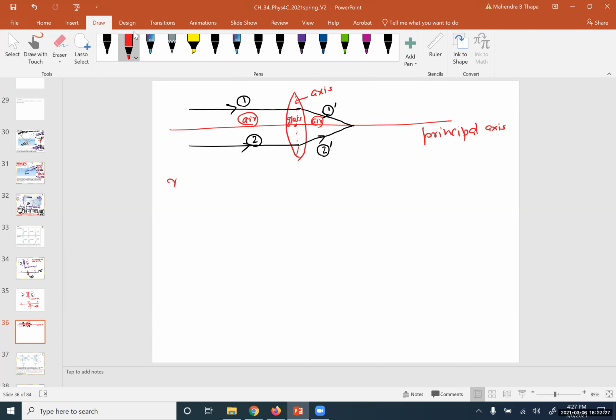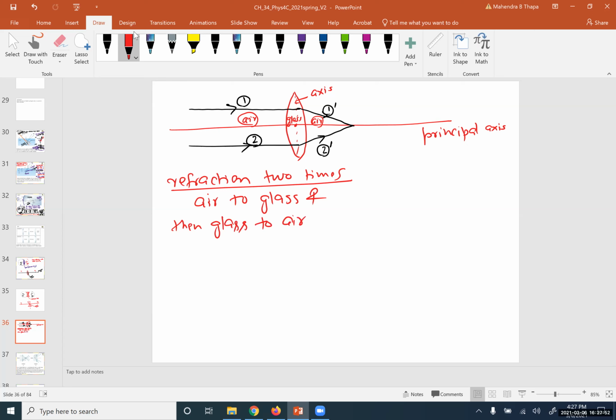So remember, refraction happens two times. At first, air to glass, and then glass to air. In this scenario, this point is called the focus.